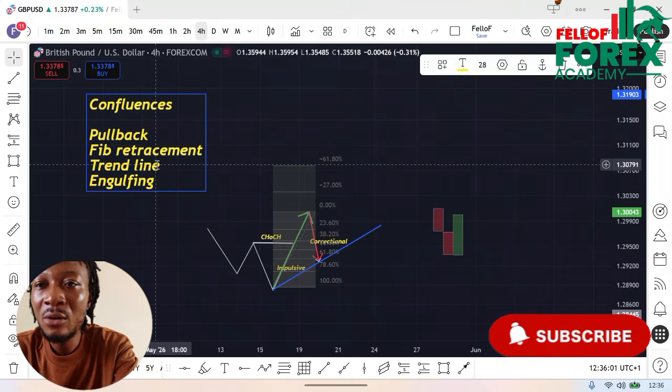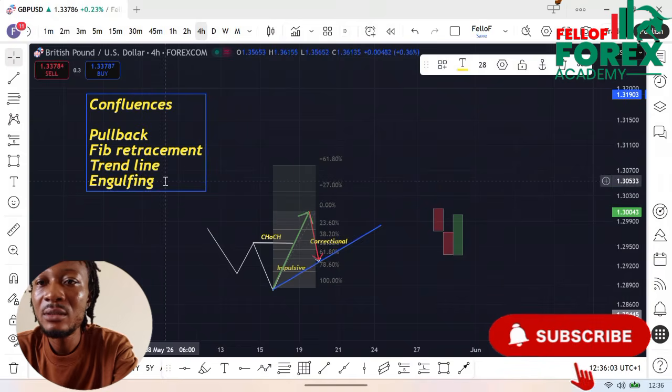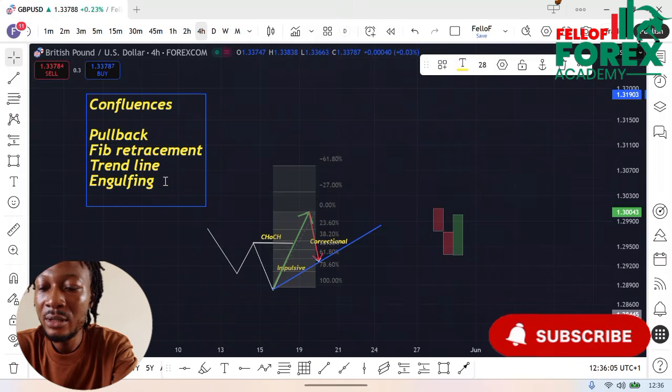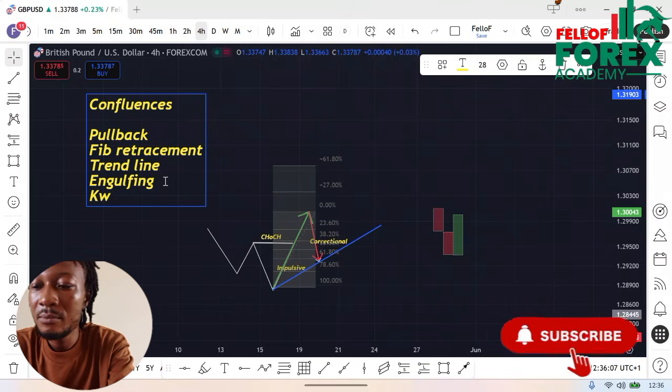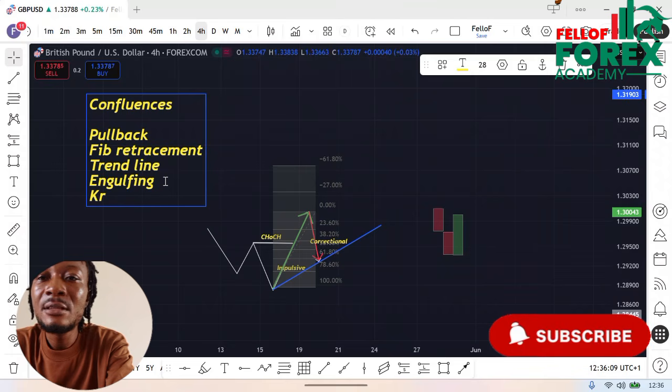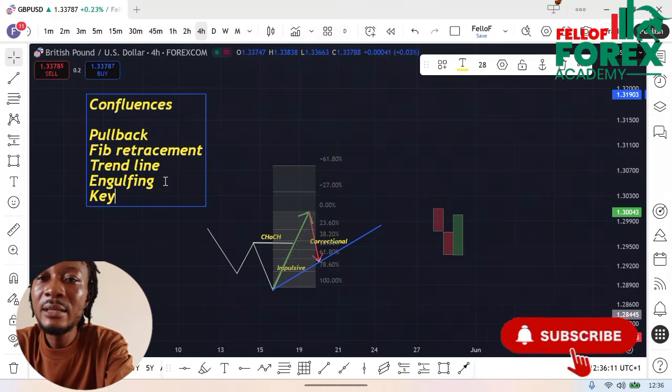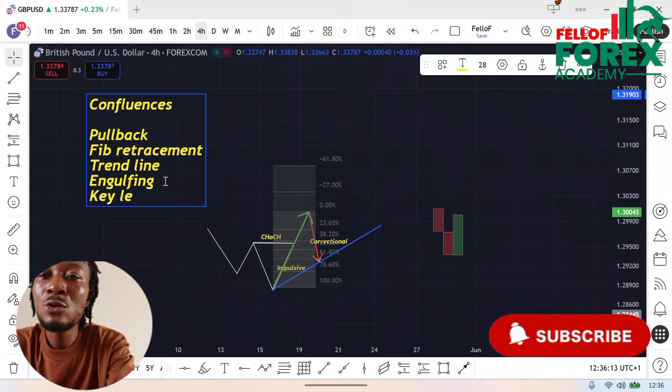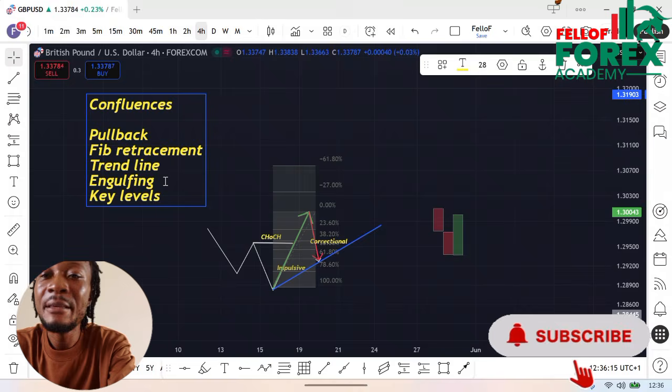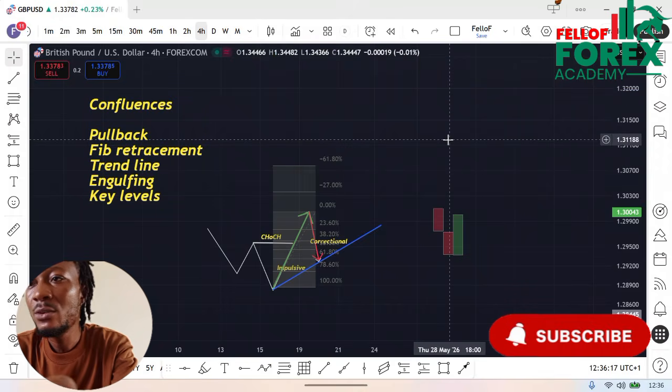Now there is this other confluence I use, which I call key levels. These key levels are also very, very important. I use them on almost every pair.